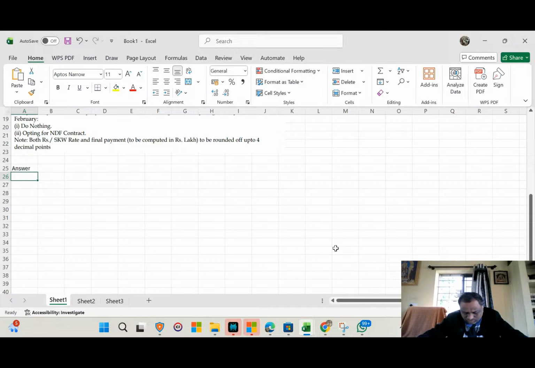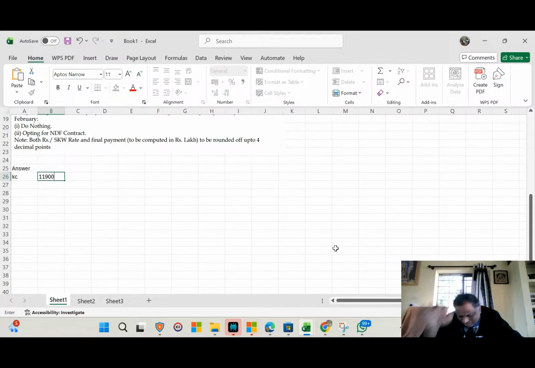Here the known currency is 11,900 lakhs of SKW, South Korean won.